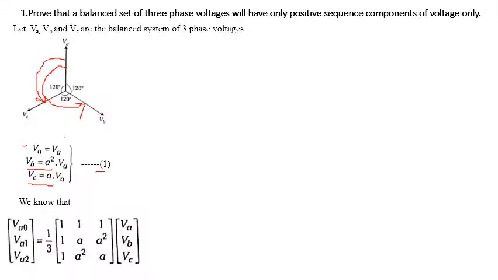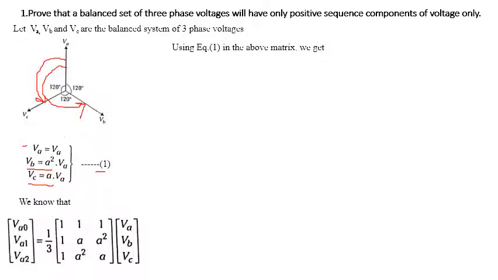Already we understood the symmetrical component in terms of the phase voltages. This is Va0, Va1, Va2 equal to 1 by 3 times 1 1 1, 1 a a square, 1 a square a into Va, Vb and Vc.